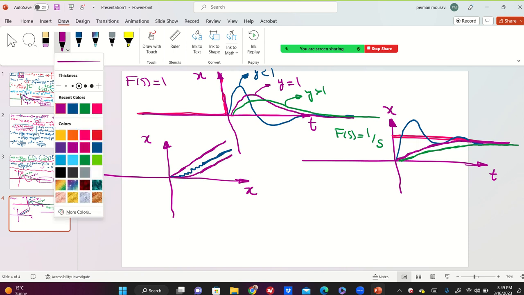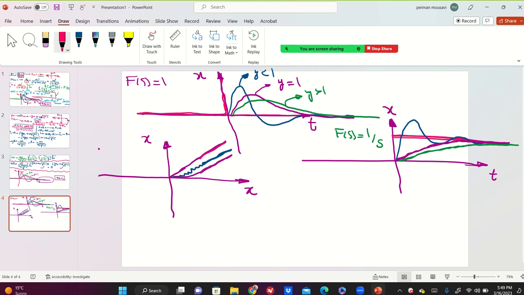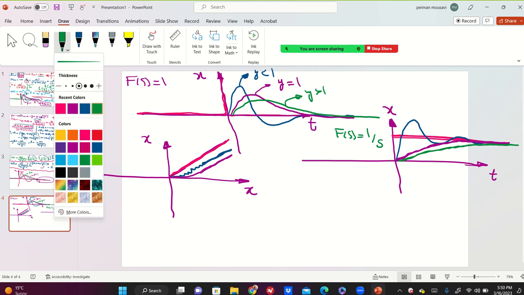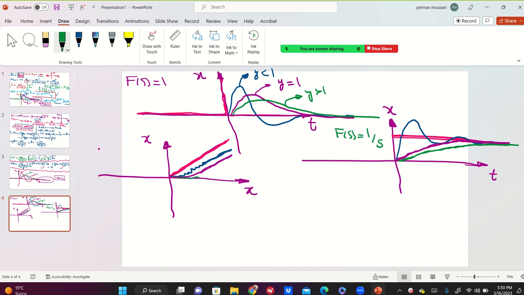And let me change up the color of this because this is the input to the system. For overdamped, it takes more time to settle. Here it settles here, here it settles here. Okay.